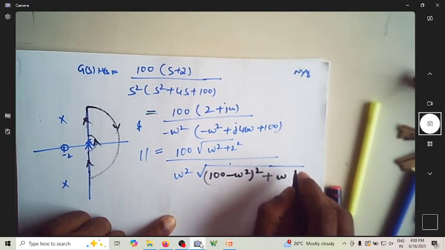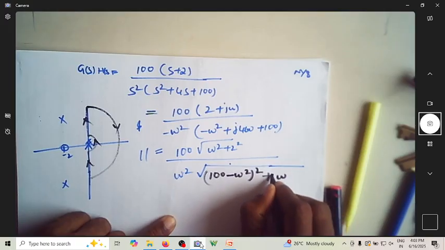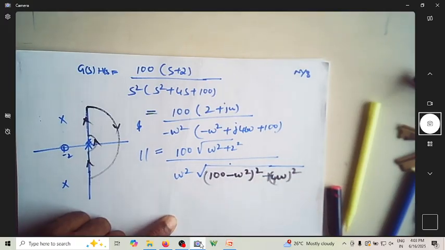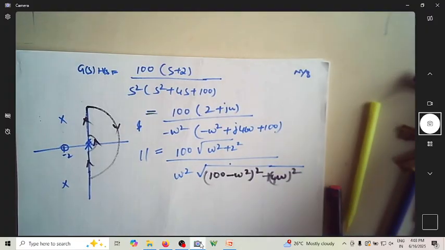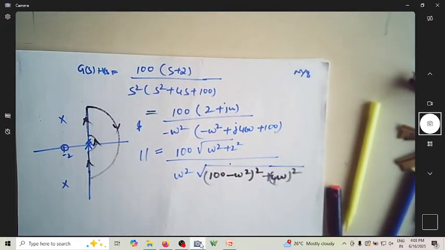4 omega whole square. So that happens to be the magnitude.